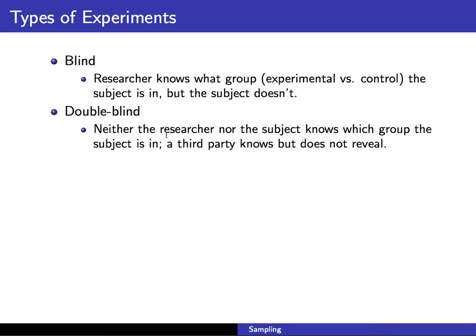So neither the researcher nor the subject is going to know which of those two groups the subject is in, but a third party will know and will not reveal. So even stronger security for the blind experiment is the double blind experiment.